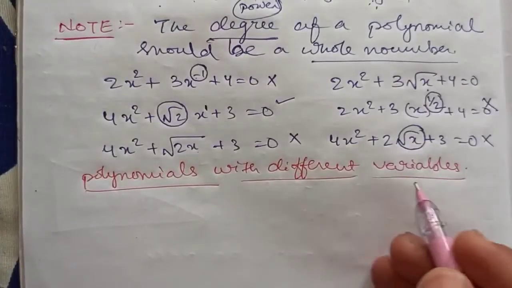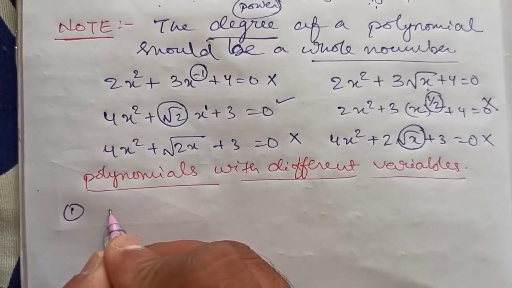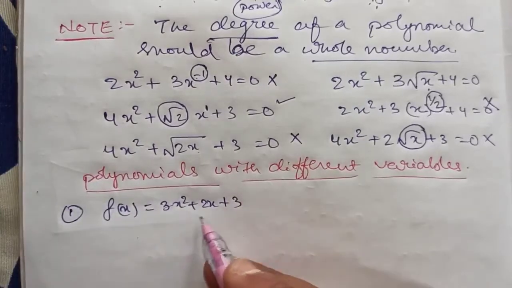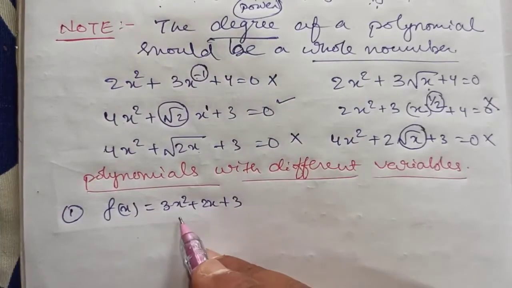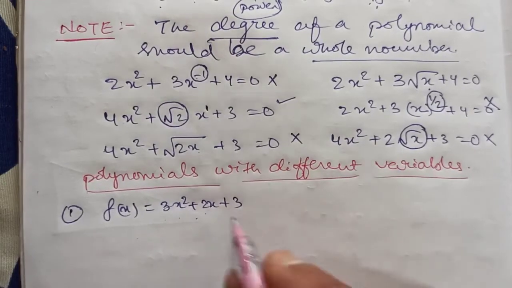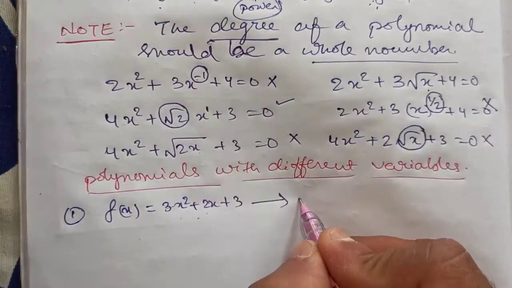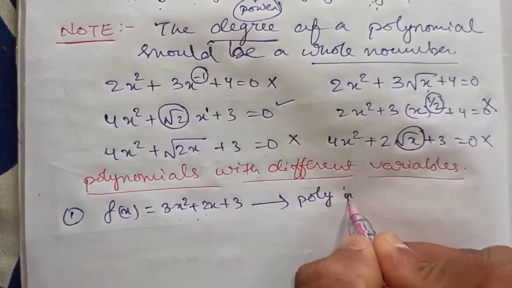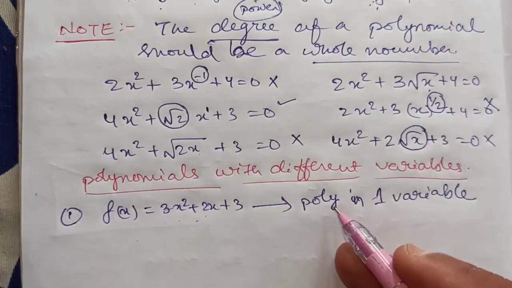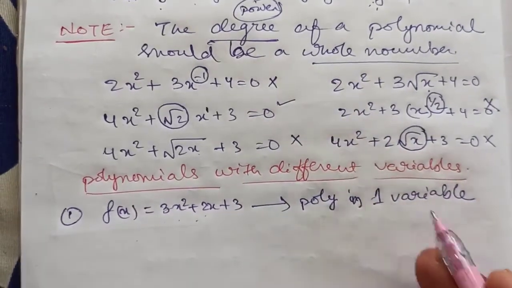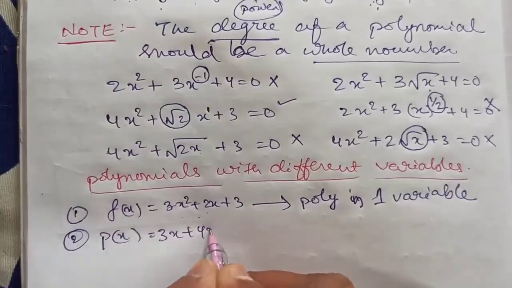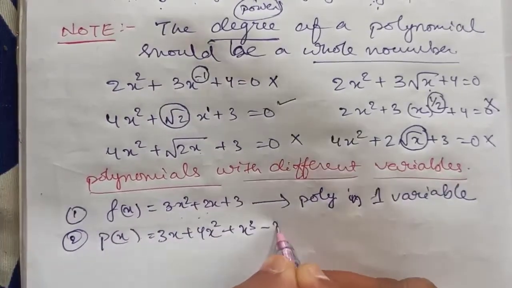Polynomial with different variables. Suppose I write a polynomial f of x equals 3x square plus 2x plus 3. How many variables have I used? x and x. Are they different variables or the same variable? The same variable. So it is called a polynomial in one variable. If one alphabet is used in the equation, then that polynomial is in one variable. One more: p of x equals 3x plus 4x square plus x cube minus x4.